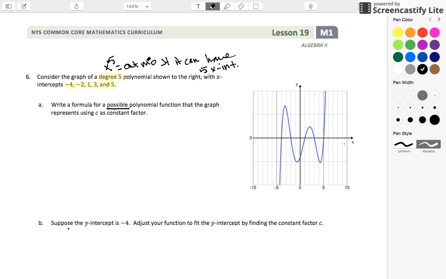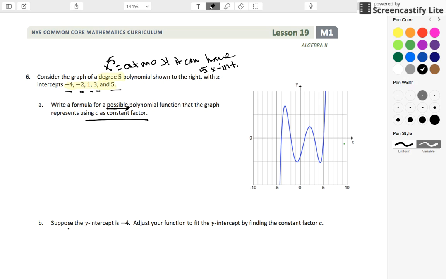Okay, so that's what that means. And then luckily, they already gave us those 5. They said -4, -2, 1, 3, and 5. Cool. So a possible polynomial function that the graph represents, using c as a constant factor.